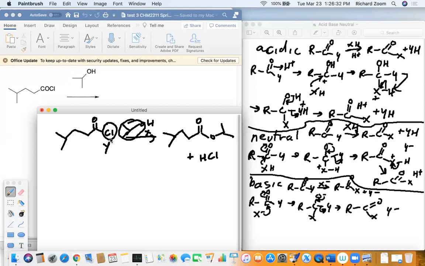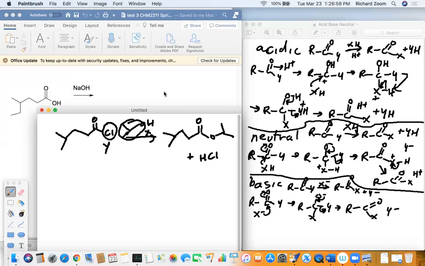Yeah, that's what I think I did. So the group that you're always replacing, the Y group, always has a heteroatom in it, something that's not carbon. So just focus on whatever side happens to not have carbon on it, and that will tell you the Y group.